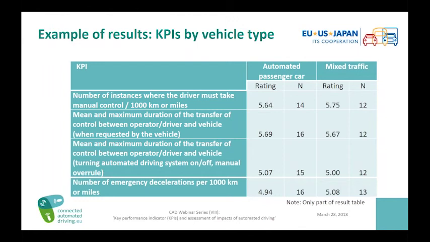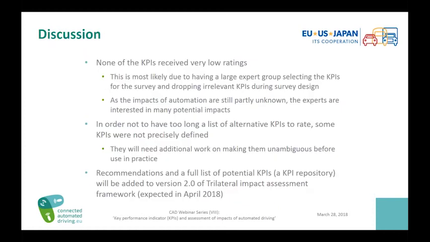So you can see the differences here. In addition to that, a lot of respondents had chosen the automated passenger car or the mixed traffic. There were very few answers for the trucks and shuttle buses, so those are not reported here. But these two different views you can also see separately.